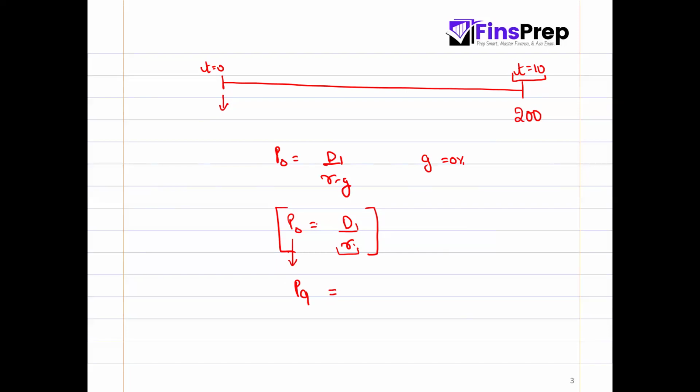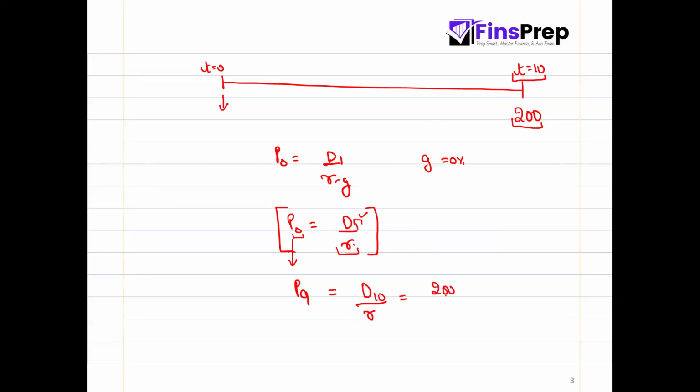Here the cash flow started from D1 and the value that we got was at T0. Here the cash flow starts from T10, so the value that we will get would be at T9. So this will become D10 upon R.